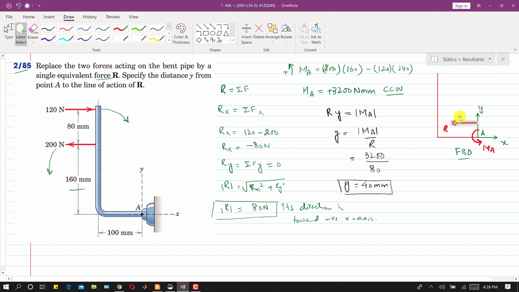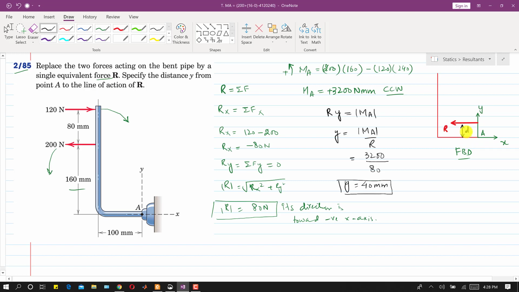So this is that R, and the perpendicular distance from A will be 40 mm. We will write that this distance is D. And now we will remove this moment, as there is no need of that moment.